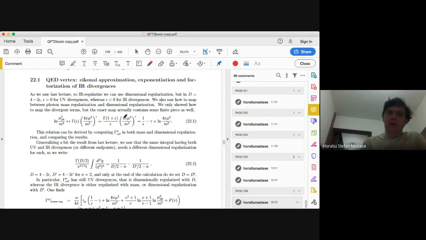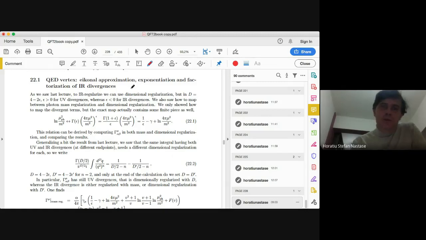So one observation that we made before was that if I write the dimension as d equal 4 minus 2 epsilon, epsilon positive regularizes the UV divergences, whereas epsilon negative regularizes infrared divergences.